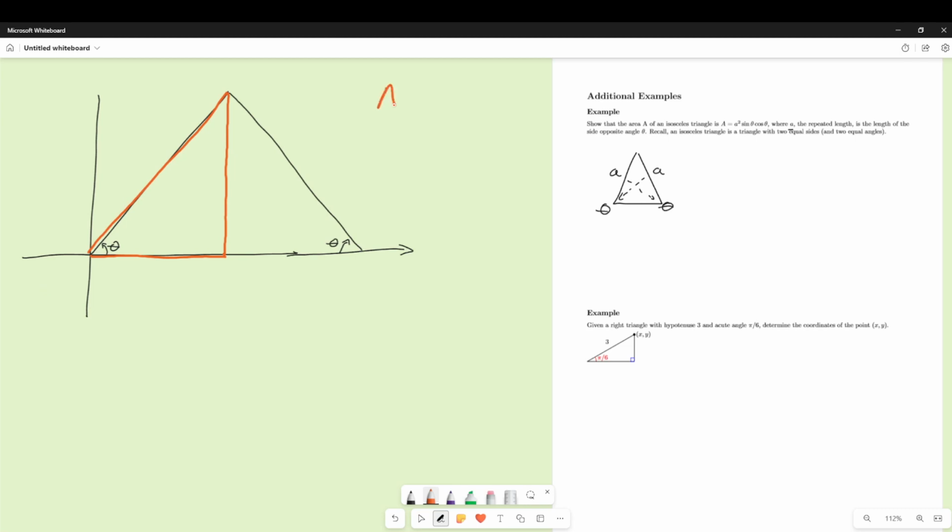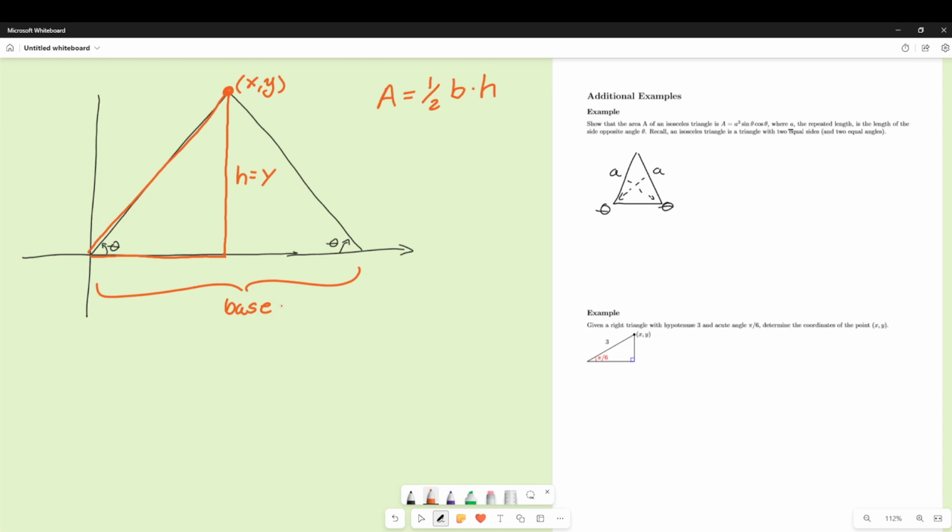Also, what we think of as the area of a triangle, isosceles or not, should be 1/2 base times height. So that would be our base, and this would be our height. But notice, for this point up here, it's some xy point, where that height is a y value.